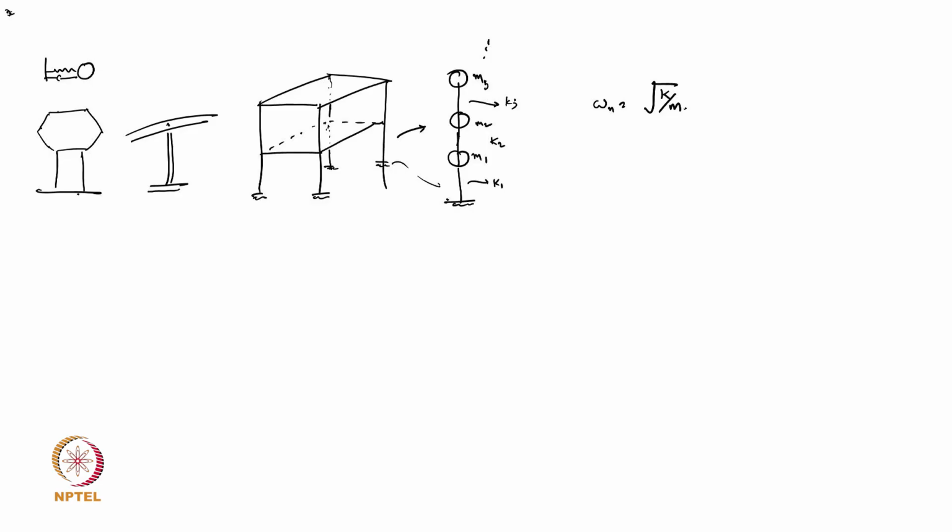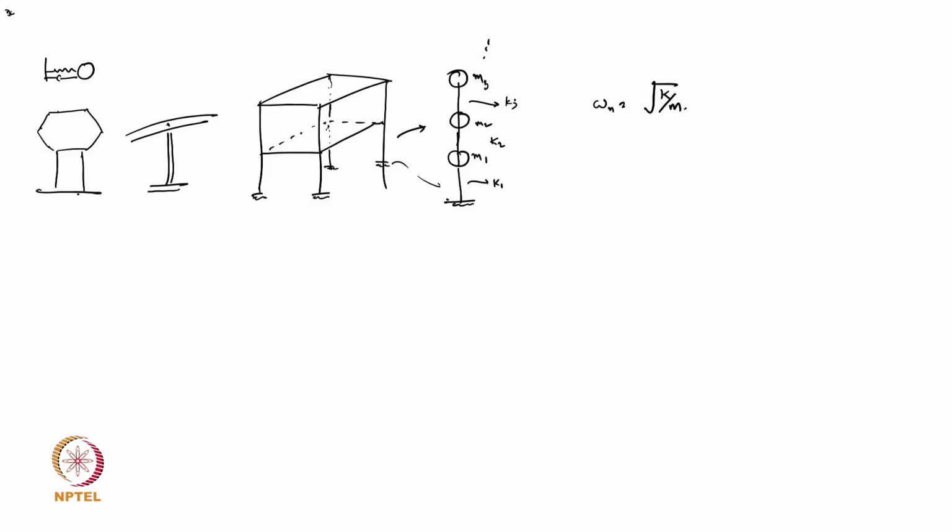We need to see how these things are happening, because natural frequency is one of the very fundamental characteristics of any structure. When you have a particular structure, suppose you displace it and let it go, it will show some oscillation, and that oscillation will be at some particular frequencies only, and those frequencies are the natural frequencies.